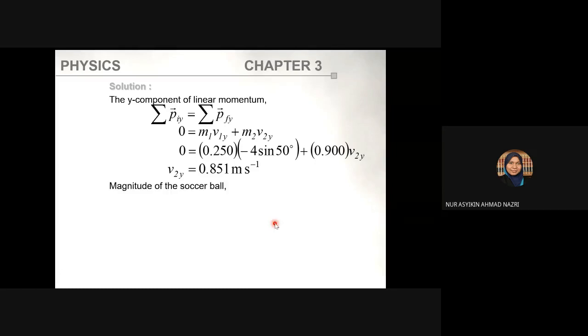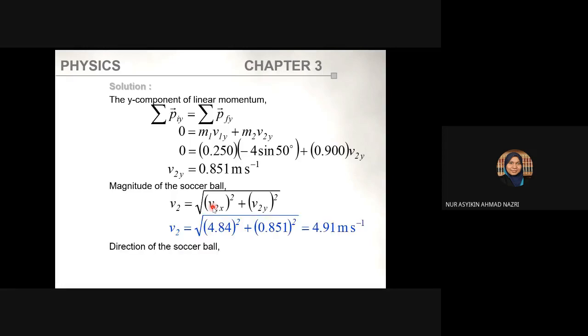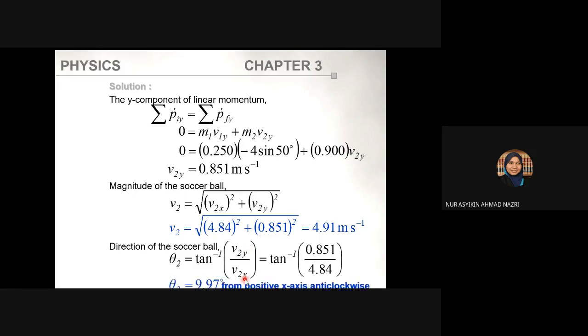From there, the magnitude of the soccer ball, we will put into this equation. So this is what I meant by momentum being a bit complicated. But since it is a vector, just simply treat it as a vector. So there is no problem. Find the X component, find the Y component, then substitute back into the equation for your magnitude and find your tangent, V2Y over V2X, and you may find the direction.